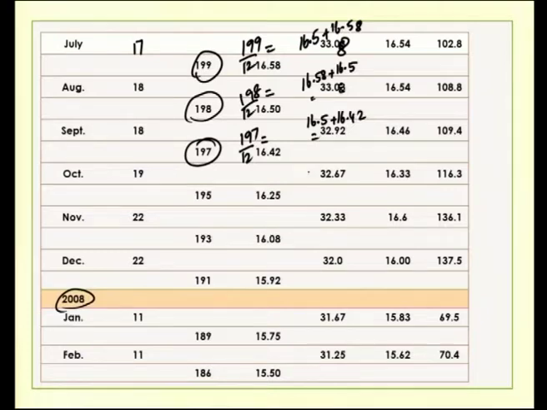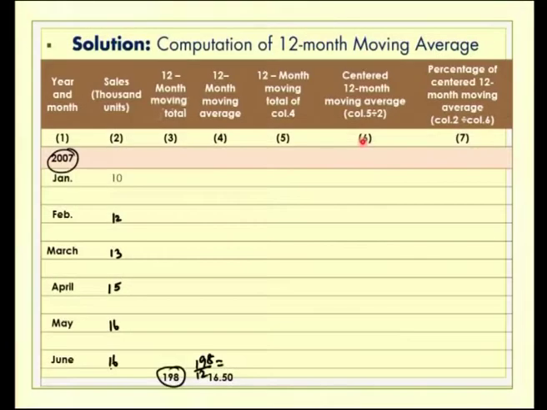Likewise, this is calculated and written against July, against August, because these two values, 16.58 plus 16.5, total 33.08 and it is written against August. Similarly, 16.5 plus 16.42 is written against September. This is 32.92.